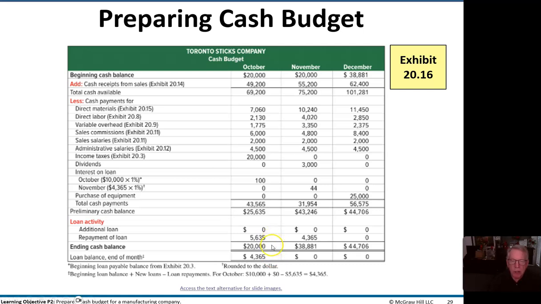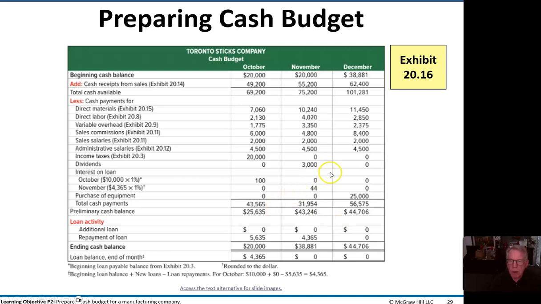Now, that $20,000 becomes the next period's beginning cash balance, and we go through the same process. Our preliminary cash balance here is $43,246. Times are good, so we repay the remainder of our loan. That gives us an ending cash balance of $38,881 with no loan balance at the end of the month.